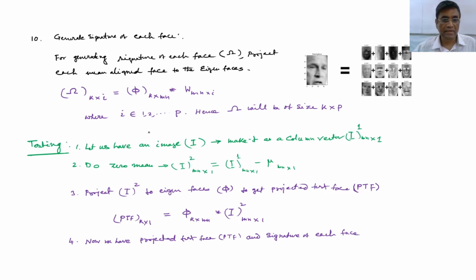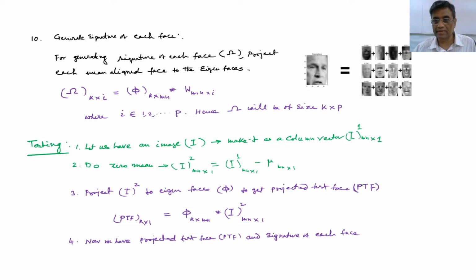get this. Now testing. Let us have a new image. I will have to do the same preprocessing, make it a column vector, mn cross 1, same size, okay, and mean align it. So I am doing zero mean, and then I need to project it to the eigenfaces to get the projected test face.